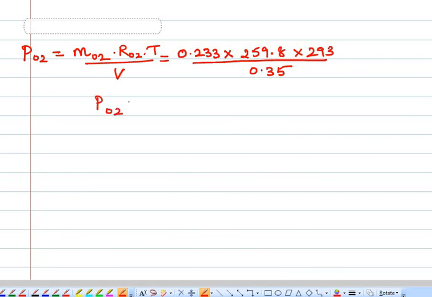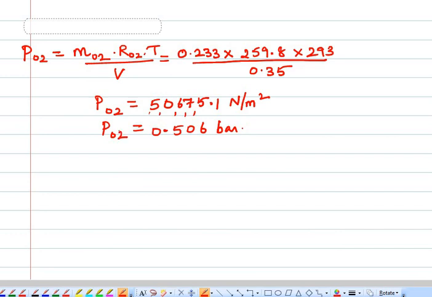So on solving this, I will be getting the partial pressure of oxygen as 50675.1 Newton per meter square. If I have to convert to bar, divide by 10 power 5, I will be getting 0.506 bar. So this is the partial pressure of oxygen.